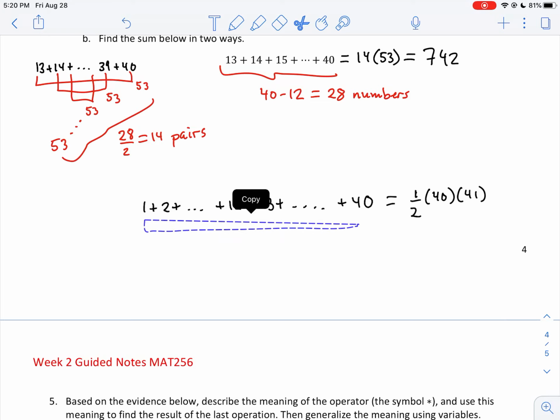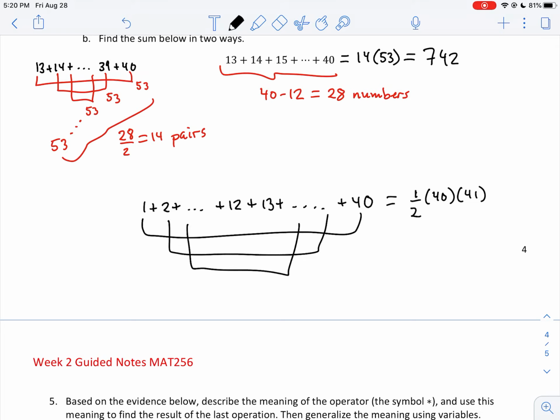And we can get that by also doing 1 plus 40 is 41, 2 plus 39 is 41. So you have all these 41s that you're adding together. And there's 40 numbers in this list, therefore there's 20 pairs. So here's the 20 pairs times the 41.